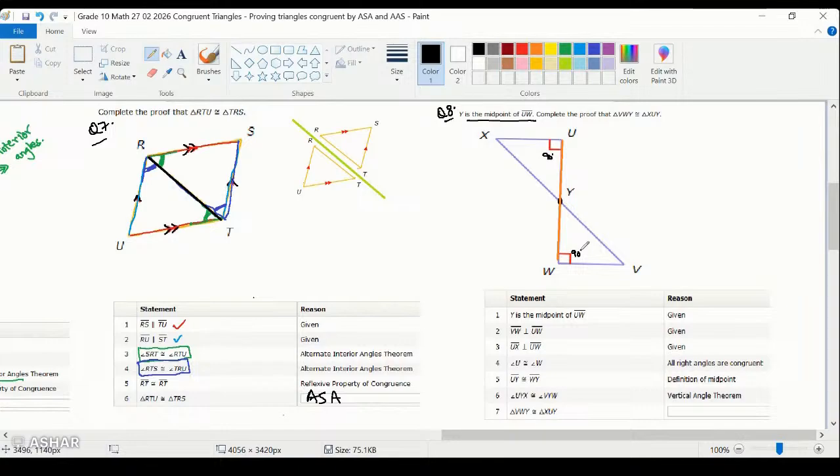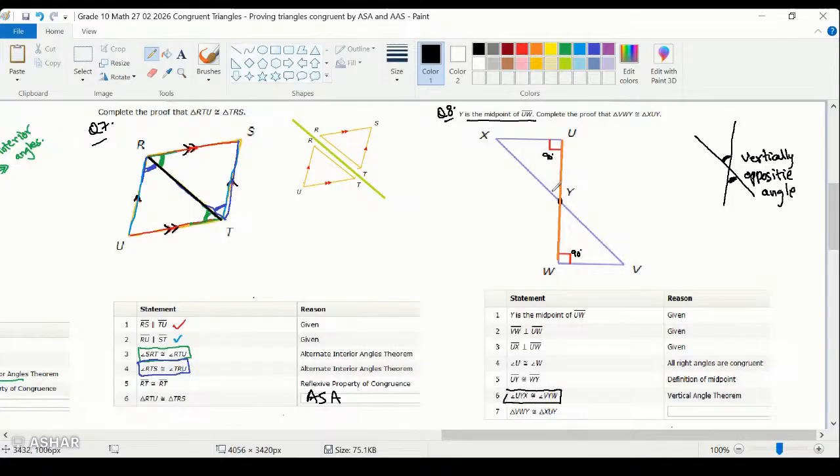We also know that whenever we have a formation of X, then this angle must be equal to this angle. We can say these are vertically opposite angles, right? Which is given over here.